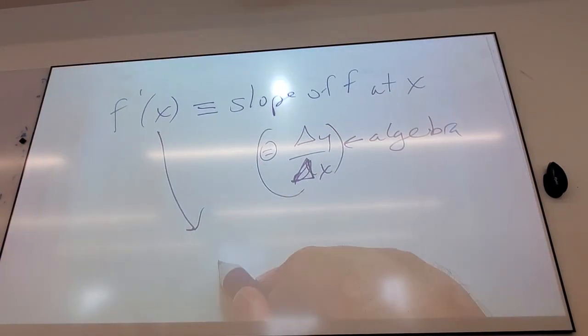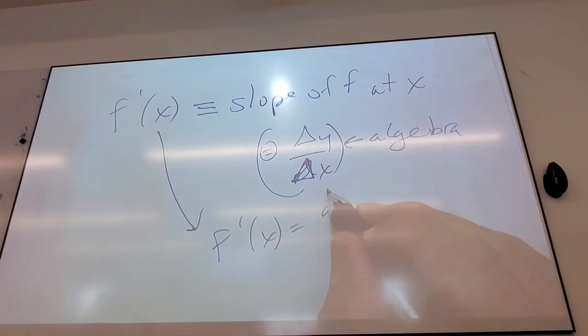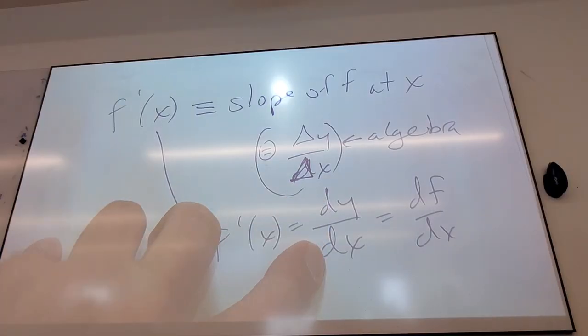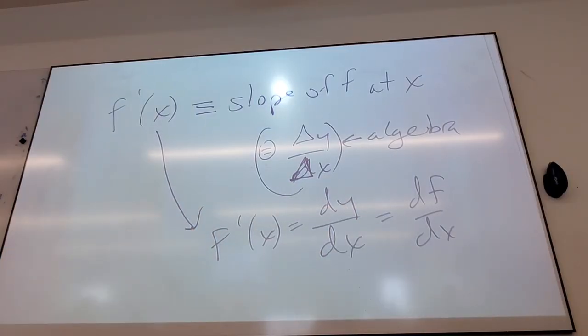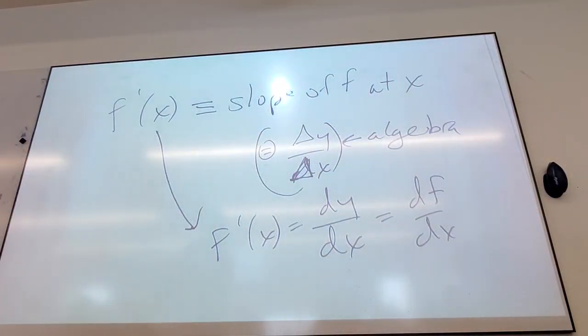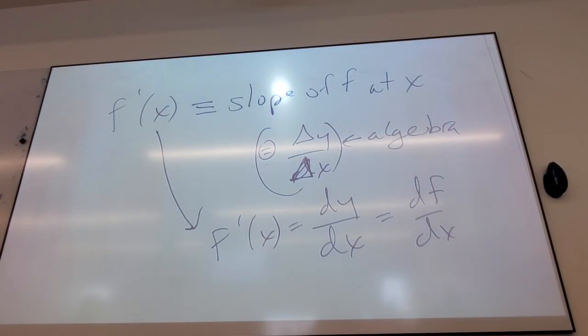This one is equal to dy dx, more specifically df dx, the change in y over the change in x. And when I use the letter d, that means infinitesimally small. If I want to know the slope right at a point, I want to know where it will go if I change x by the smallest amount I can.